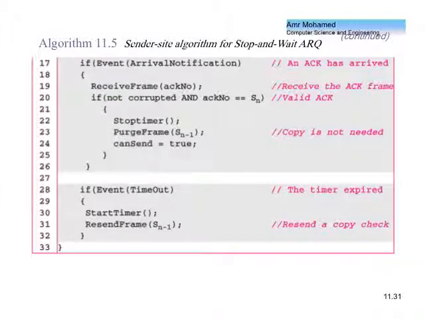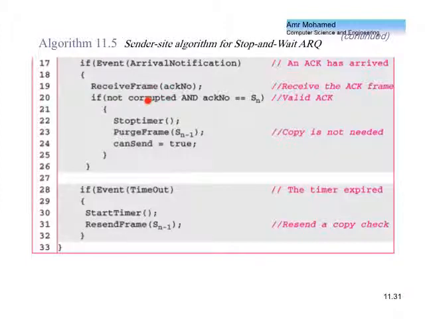Since I have already advanced the sequence number in the previous slide by 1, I'm expecting the acknowledgement number to be the same as the current sequence number. If that's the case, then everything is working fine.